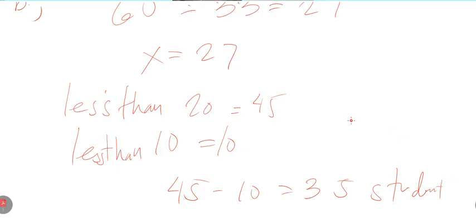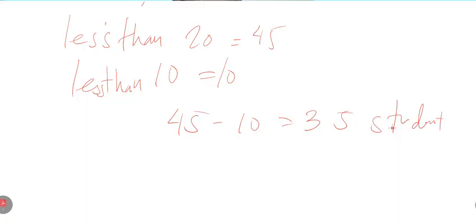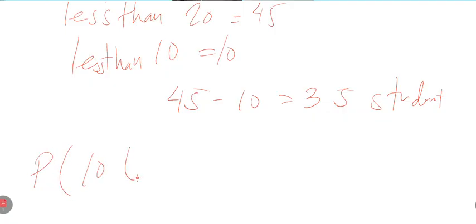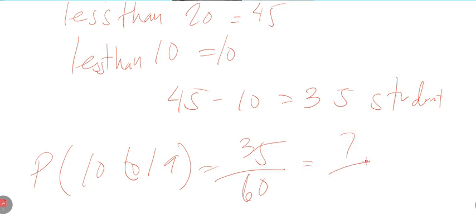Now, let's find the answer. The probability of 10 to 19 is equal to 35 over 60, which simplifies to 7 over 12.